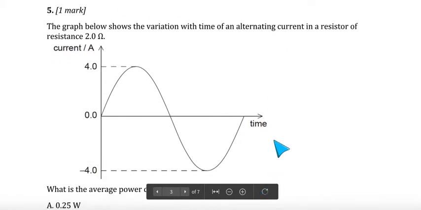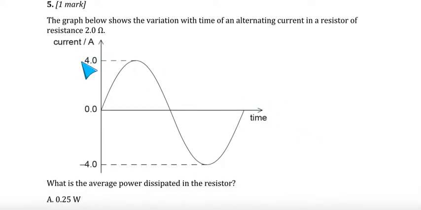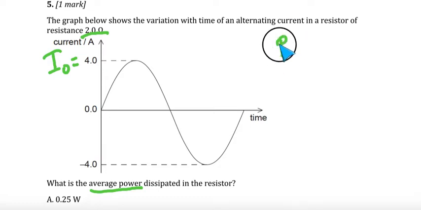Now, number 5, we now have a current versus time graph. The maximum value of this graph will obviously be I0. We have a resistance of 2 ohms. We're looking for the average power. Since we have resistance and current mentioned in the question, for power, I'll simply use the I squared R version.